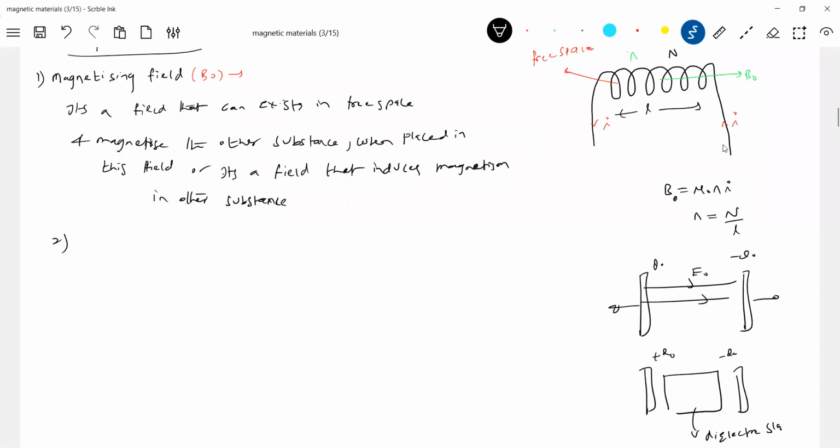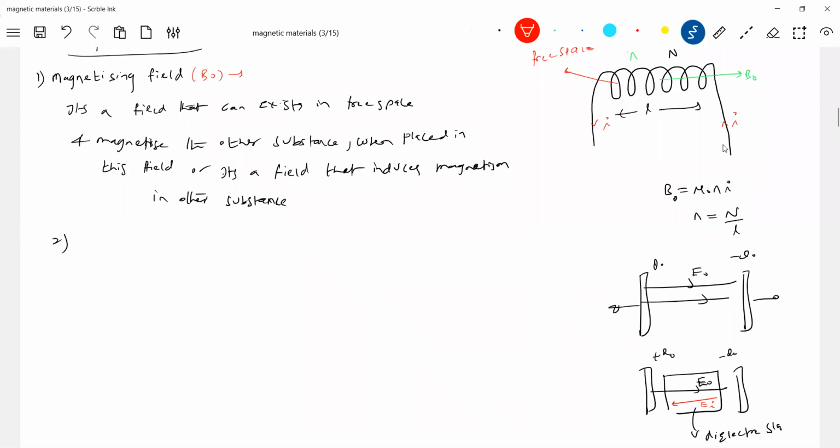So there are two fields, no? The E naught will remain as it is, and this E naught will induce charge. Because of that, E i will come. Whether the slab is there or not, that E naught will exist. Look at the first diagram: if you remove the slab, E naught doesn't vanish. And E i is the induced electric field.